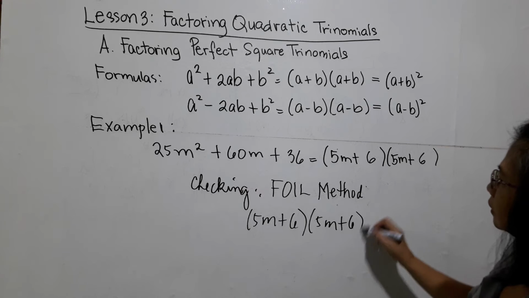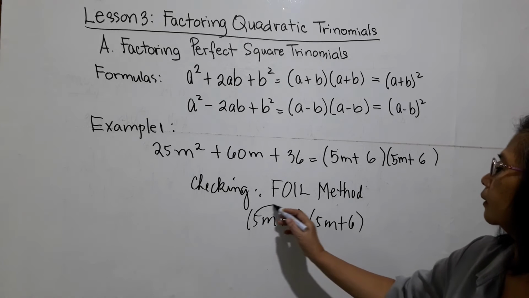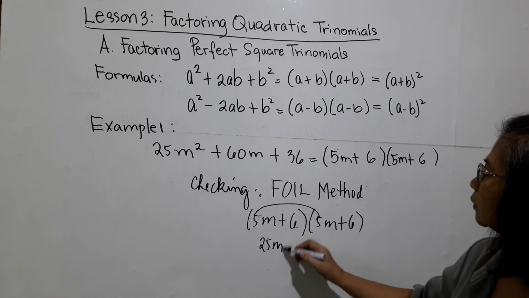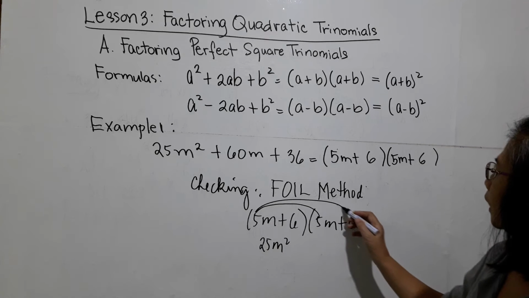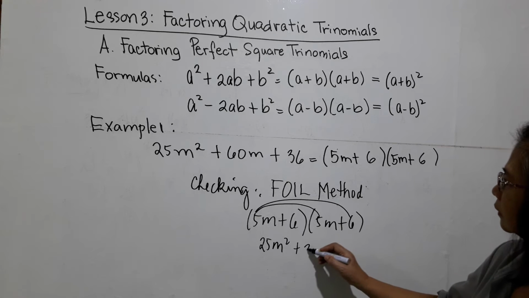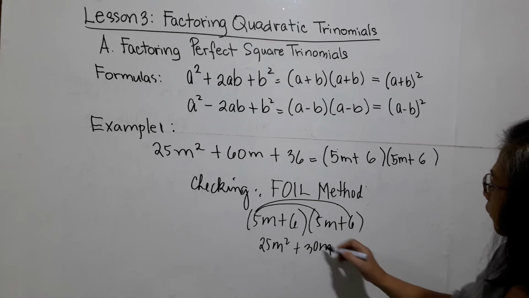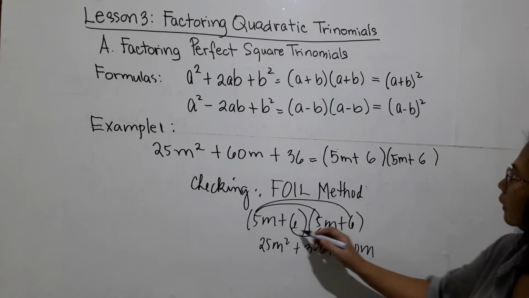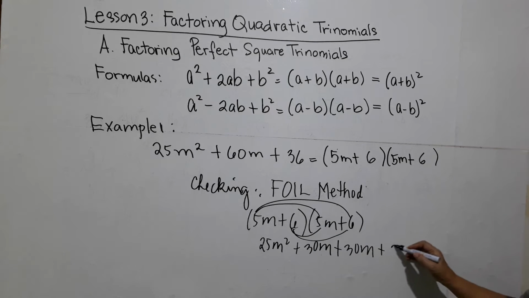Okay, FOIL. So we have 25m squared for the first terms, plus 30m for the outer terms, 30m for the inner terms, and 36 for the last terms.